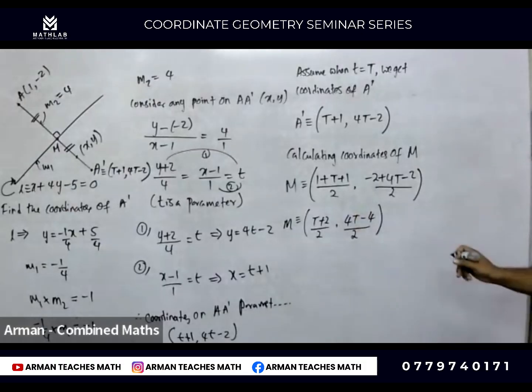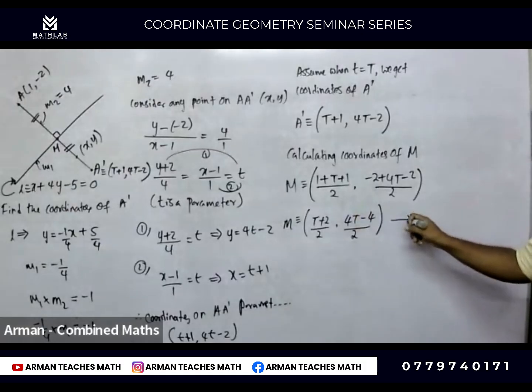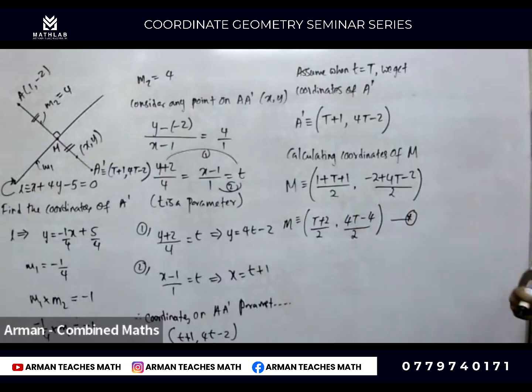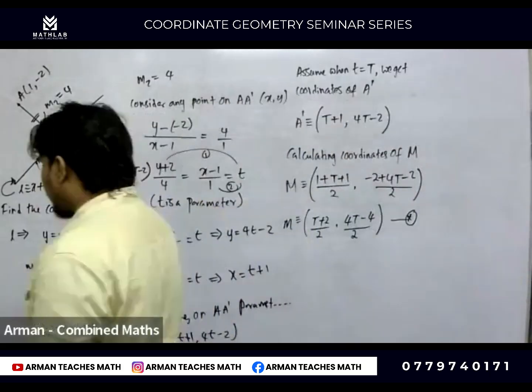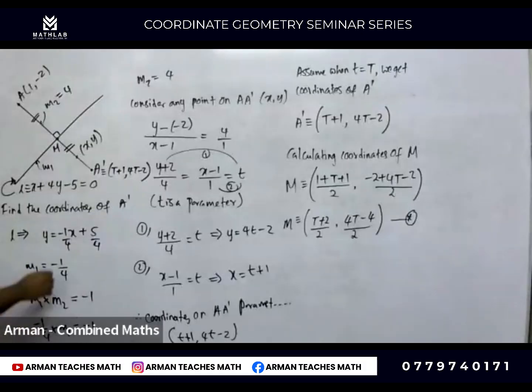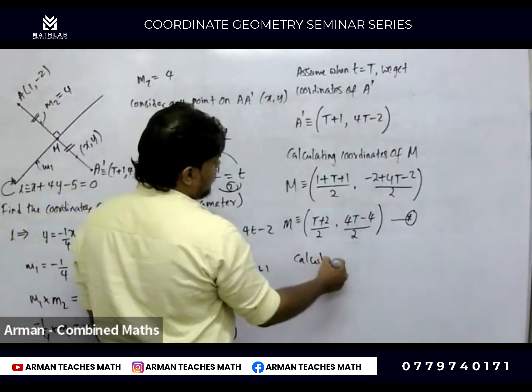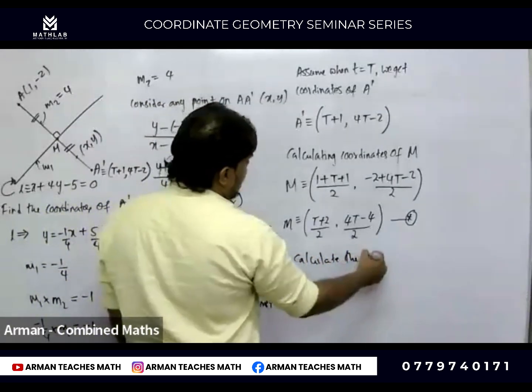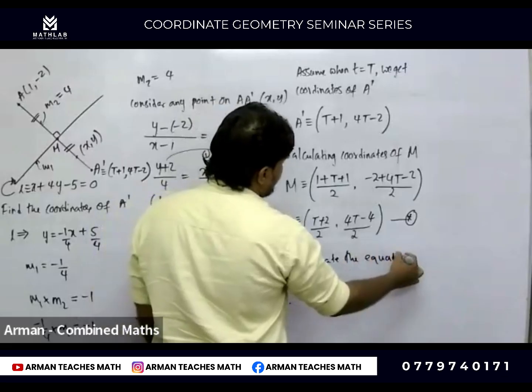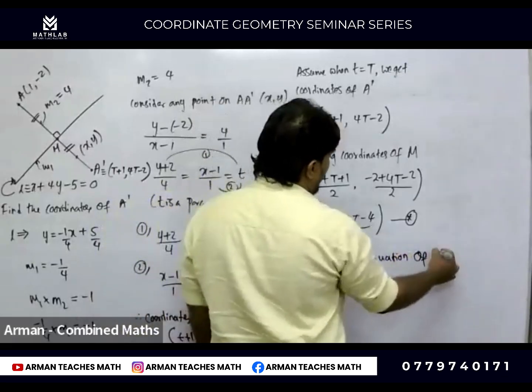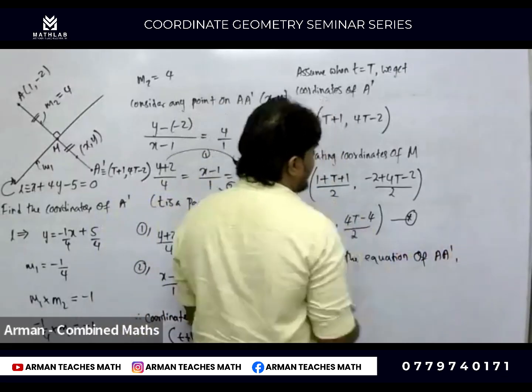Now I can get the coordinates of capital M point precisely, or as accurately, if we know the equation of this AA dash. My goal is to find the equation of AA dash. Now calculate the equation of AA dash.